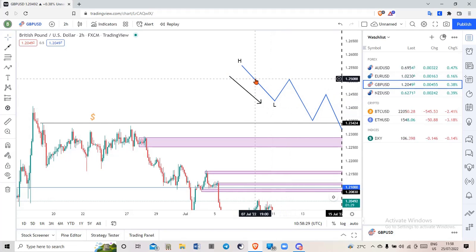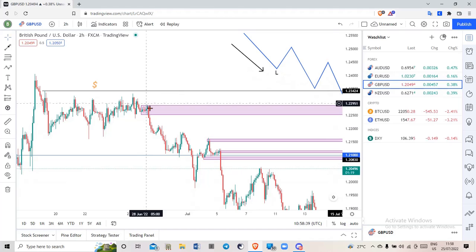All right, then it goes down and creates a swing. Moving forward, you get to understand. Look at this area of price. You see how price took from this ceiling, came down to form a swing here, went up again, came down to form a swing.